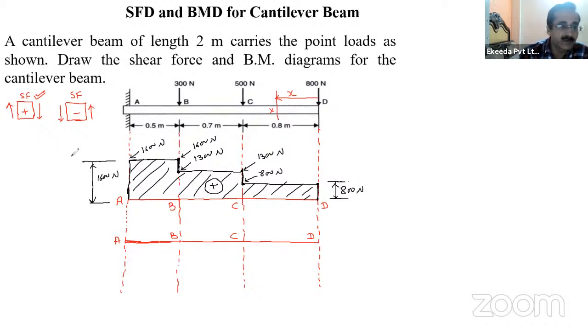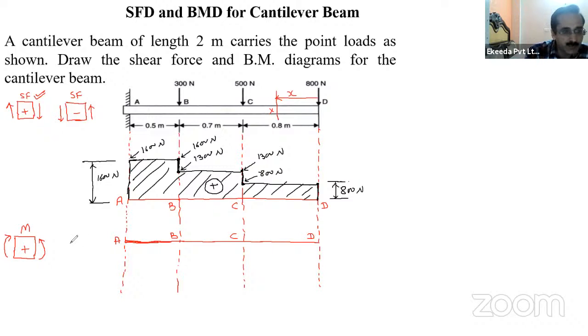So what is bending moment? First, the sign convention for bending moment. What was the sign convention? We have taken positive as clockwise on the left section, anti-clockwise on the right section.